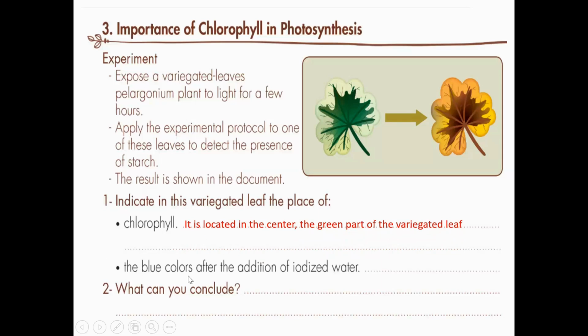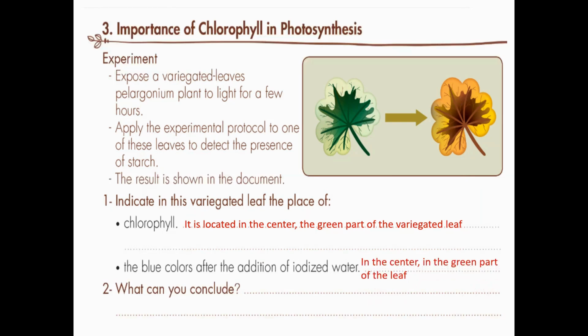The blue colors after the addition of iodized water. We said that the blue color is a result from reaction between starch and iodine solution. So where is here the dark blue color? It is also in the middle. So this means that in the center, in the green part of the leaf.